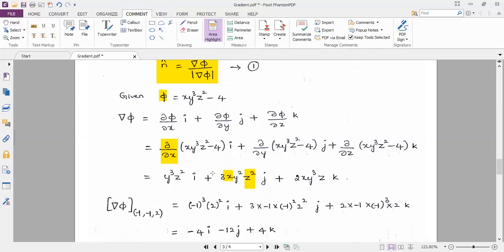Differentiation of y cube is 3y square, 3y square into j cap, plus with respect to z, x y cube is a constant. Writing x y cube as it is. Differentiation of z square is 2z into k cap. Each of these terms has a constant minus 4 whose differentiation is 0.